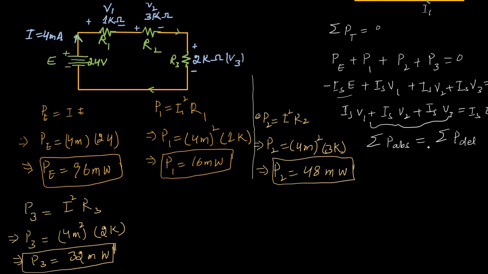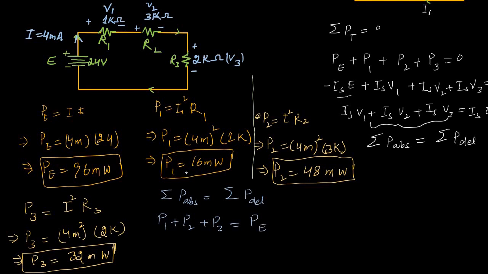Now let's prove this point, which states that the sum of all the power absorbed by any system is equal to the sum of all the power delivered to the system. The sum of all the power absorbed by this system is P1 plus P2 plus P3, and the sum of all the power delivered to this system is PE.